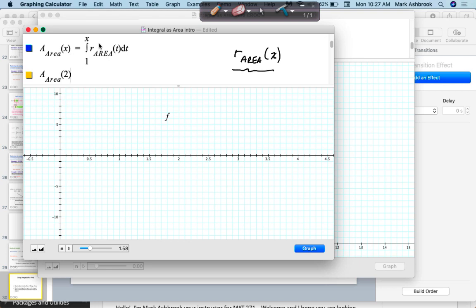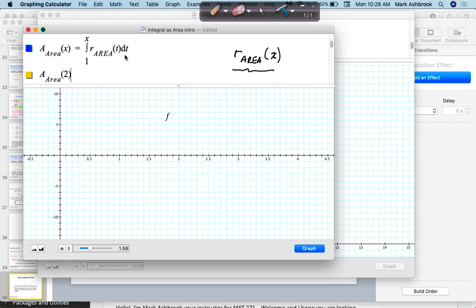If I define this function in GC and define my net accumulation, all I have to write in is a sub area of 2, and it's going to tell me the net accumulation of area up to 2 from 1. But it's not doing that. It's not giving me the equals answer because we haven't defined what that rate of change is.